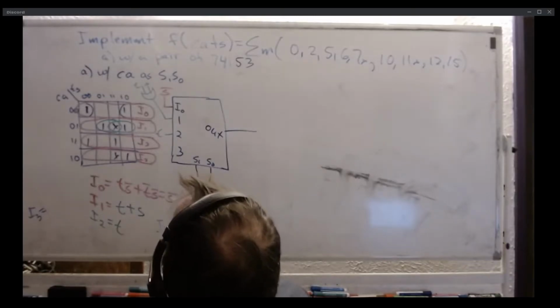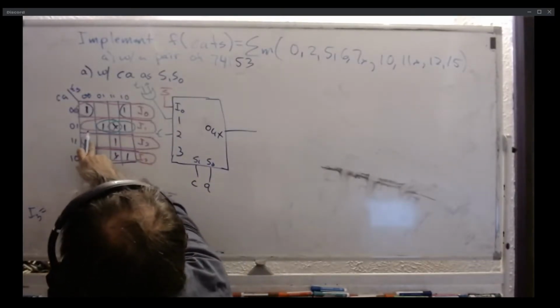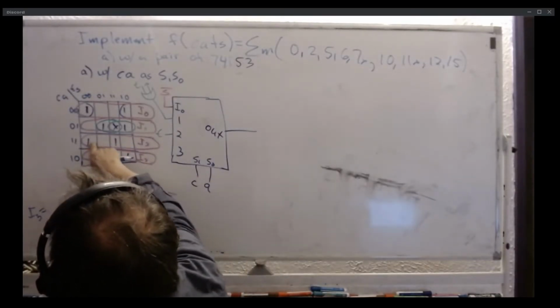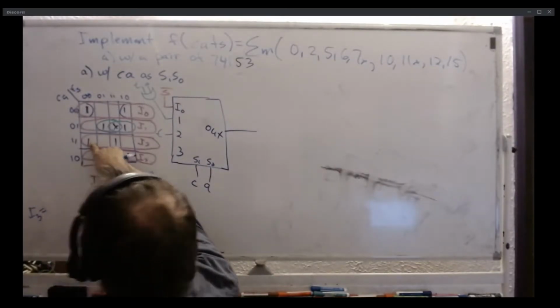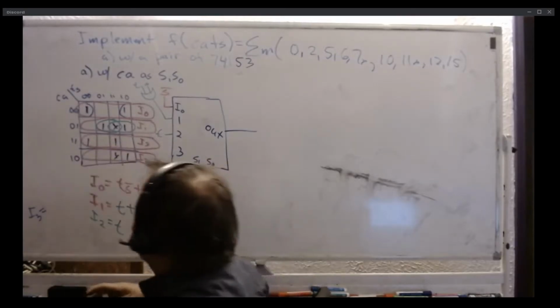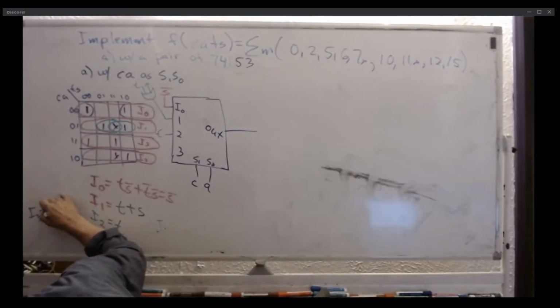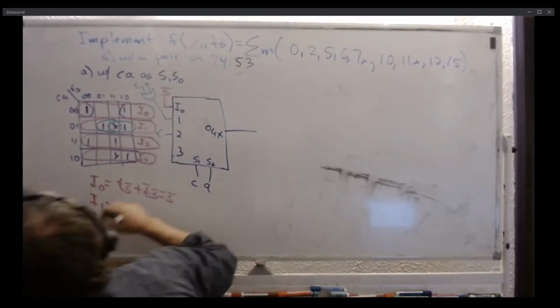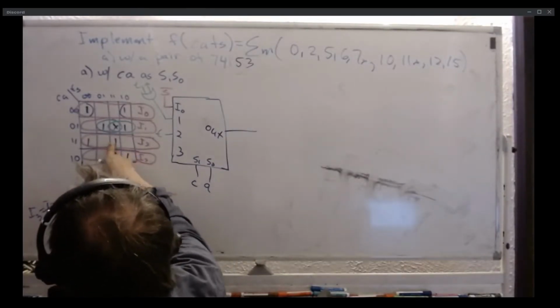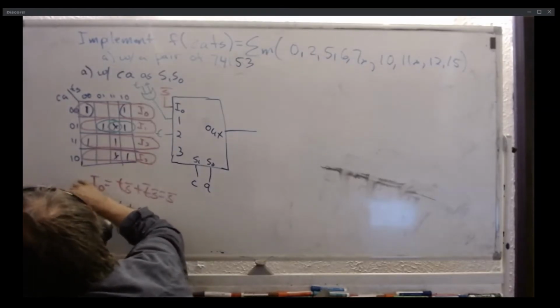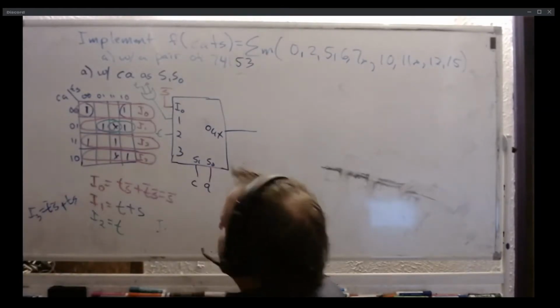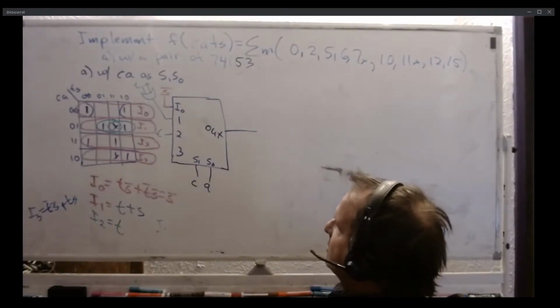So I3 equals, what's the representation for this one right here that I'm pointing to? T naught, S naught. And how about this one? Yeah, TS. Guys, there's absolutely nothing you can do to simplify that.